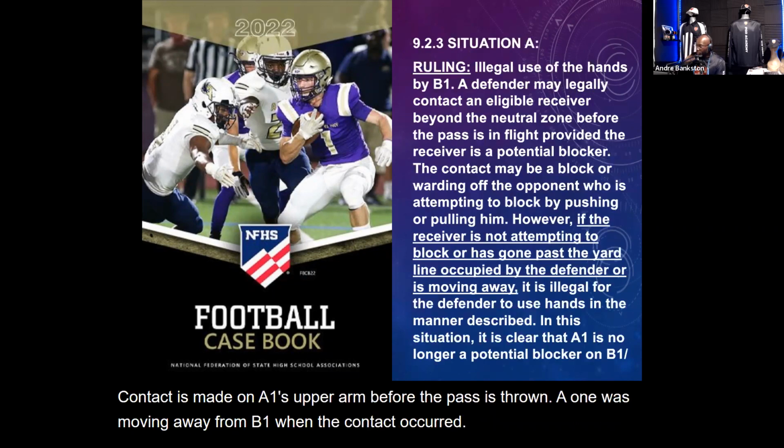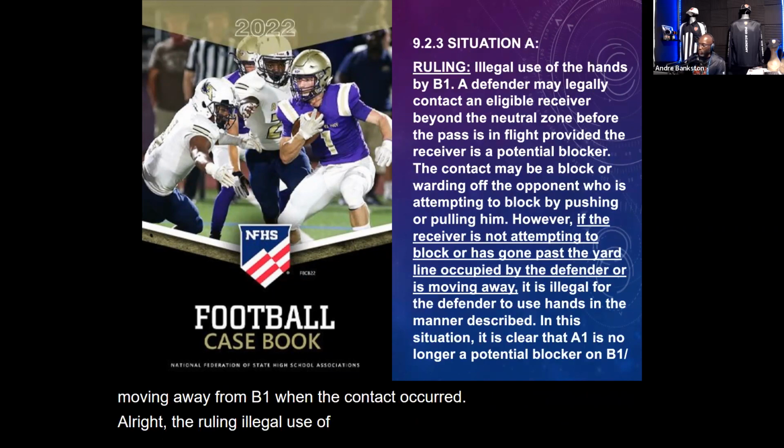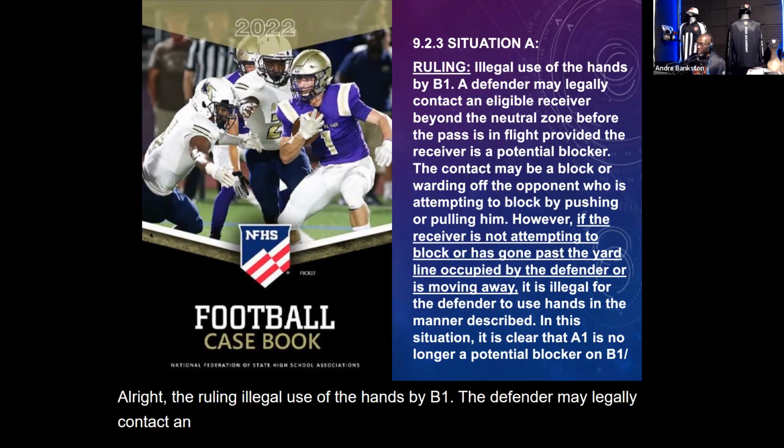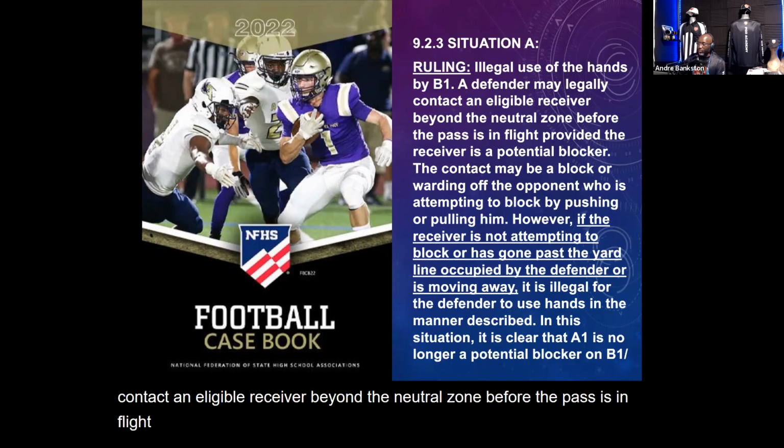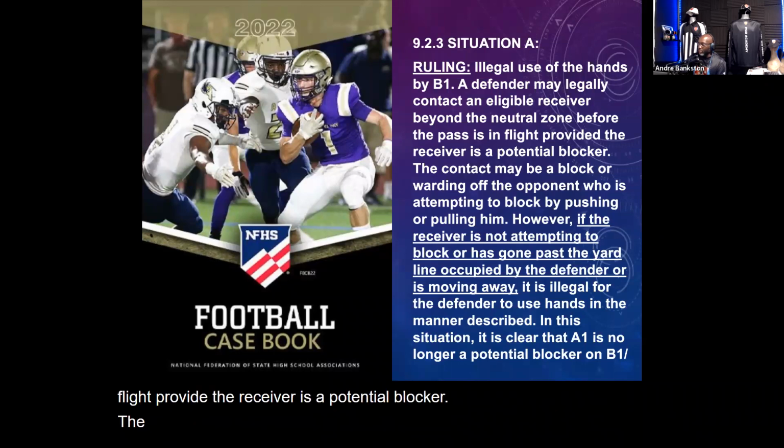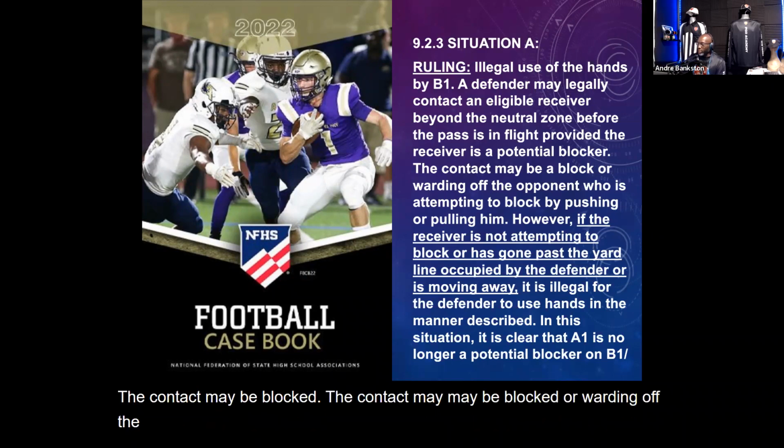All right, the ruling: illegal use of the hands by B1. The defender may legally contact an eligible receiver beyond the neutral zone before the pass is in flight, provided the receiver is a potential blocker. The contact may be blocking or warding off the opponent who is attempting to block by pushing or pulling him.